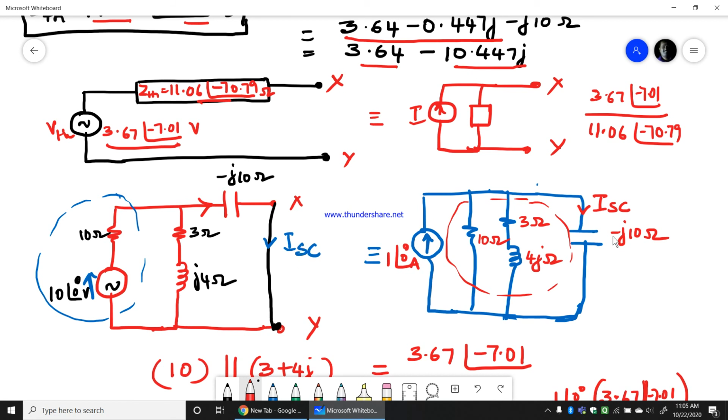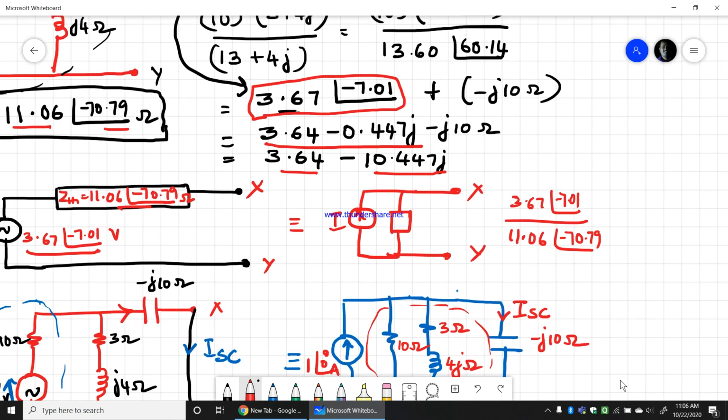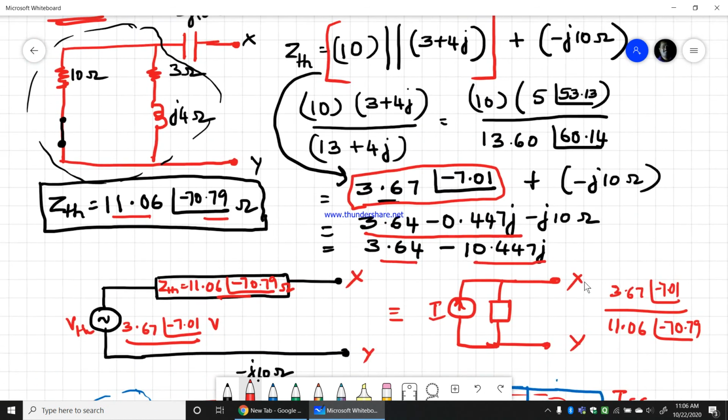And if they ask you to find out Norton's equivalent circuit and Thevenin's equivalent circuit, you can apply Thevenin's theorem and find out the Thevenin's equivalent circuit. Finally, while writing Norton's circuit, you try to apply source transformation. Okay, I hope this problem is clear to you. Now let us go to the next problem.